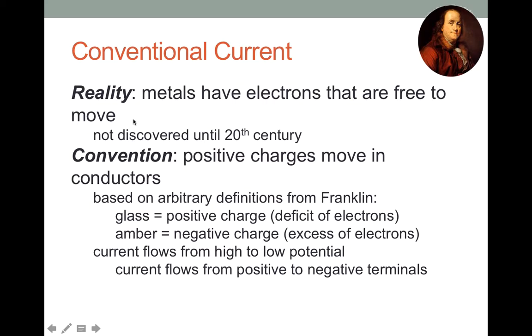In reality, we actually have the negatively charged electrons. This was not discovered until the 20th century. The convention had been set, and it was basically just decided to keep with the Ben Franklin convention of positive charges moving, even though it is actually electrons that are free to move. And that's just a historical happenstance. It does turn out that it doesn't really make any difference, so the convention has been established and has been kept.